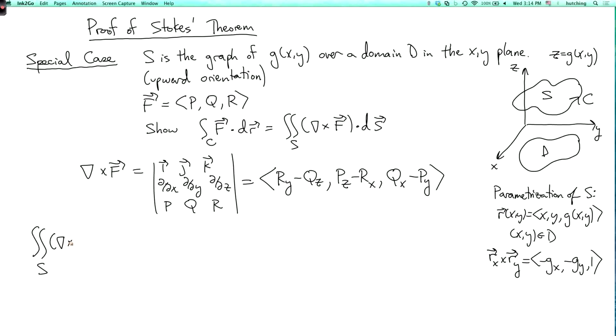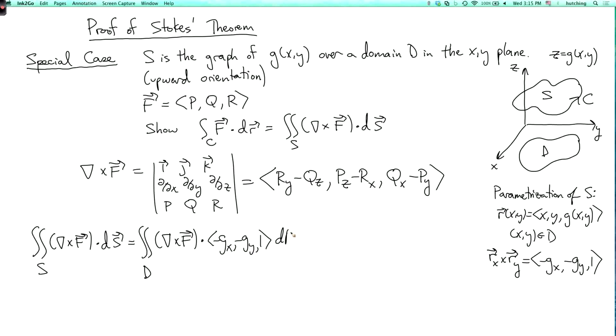Okay, and so the double integral over S of curl f dot dS is the double integral over D of the curl of f dot this rx cross ry, which is minus gx, comma minus gy, comma 1.